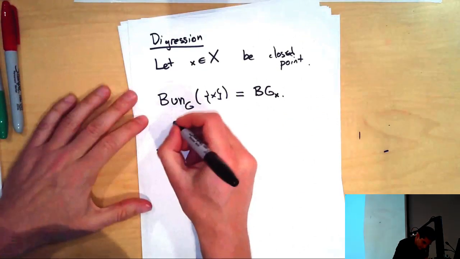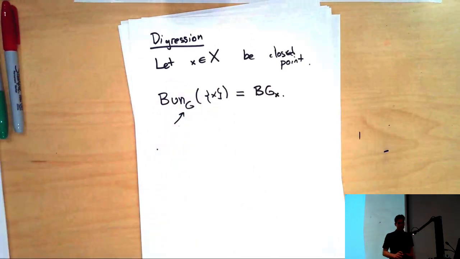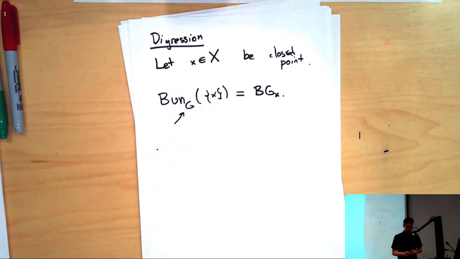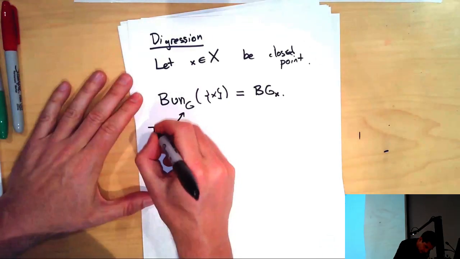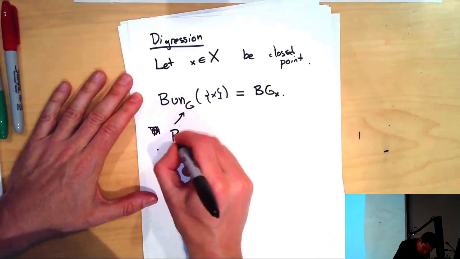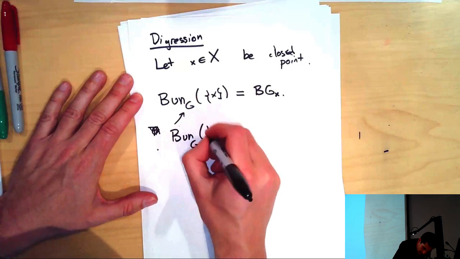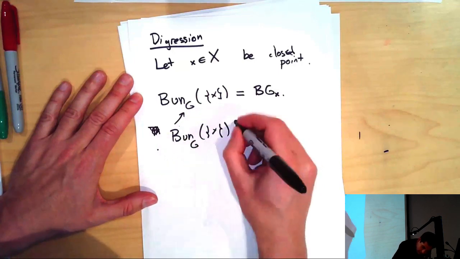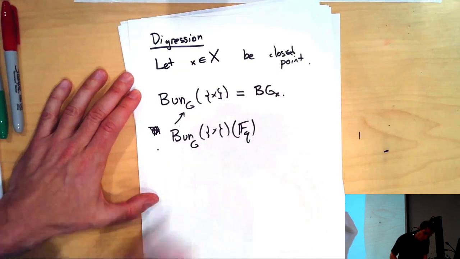And so now this is a pretty simple looking stack. So there's a theorem of Lang. Well, so let's say we were interested in taking the F_q points of this.